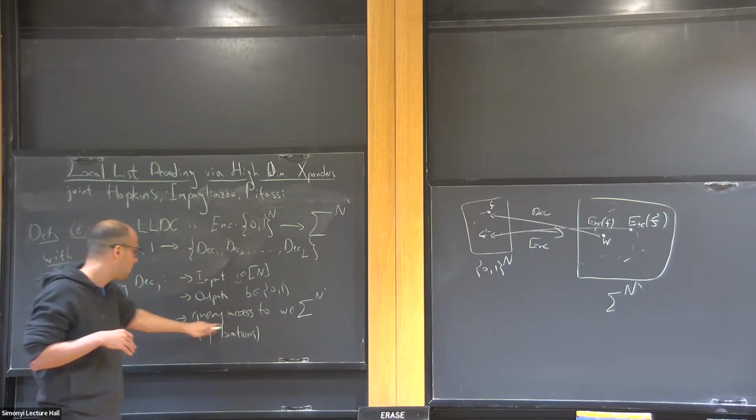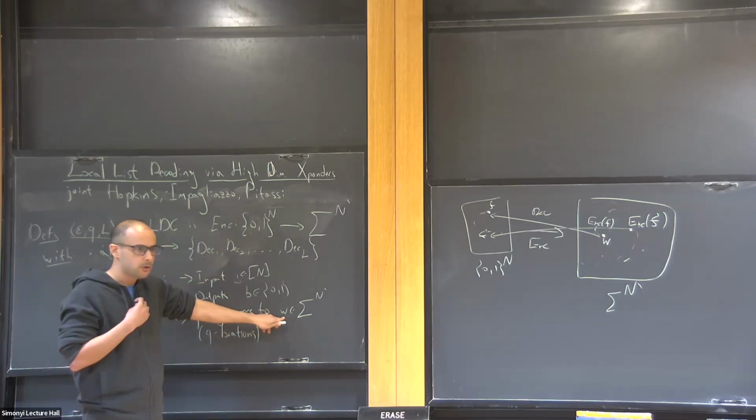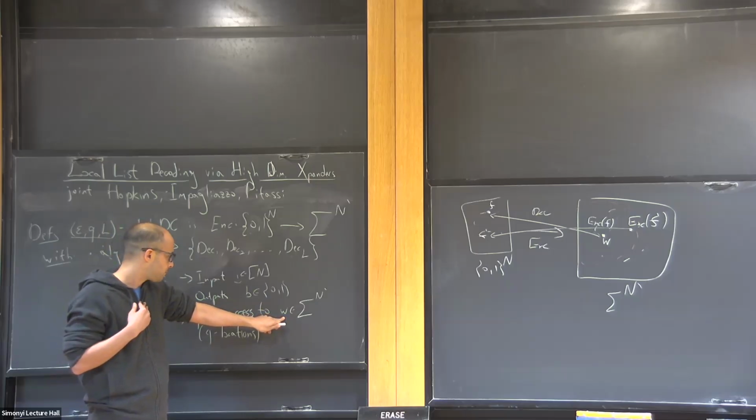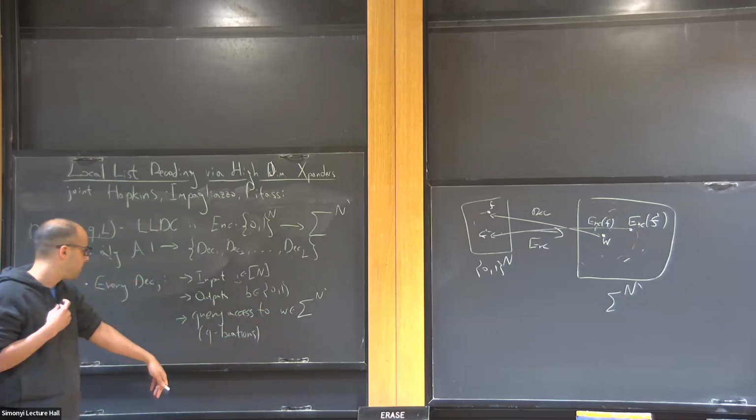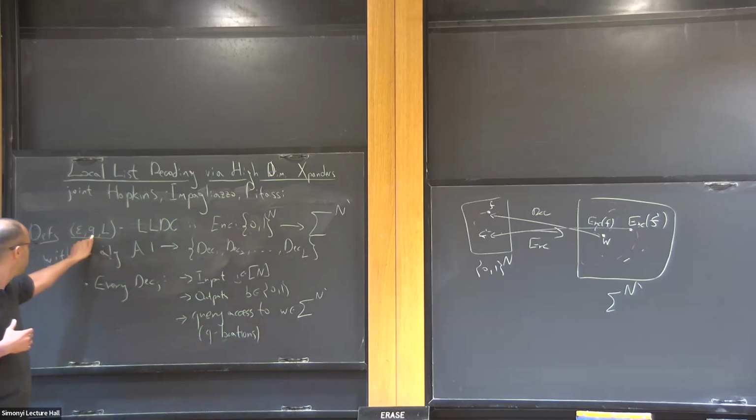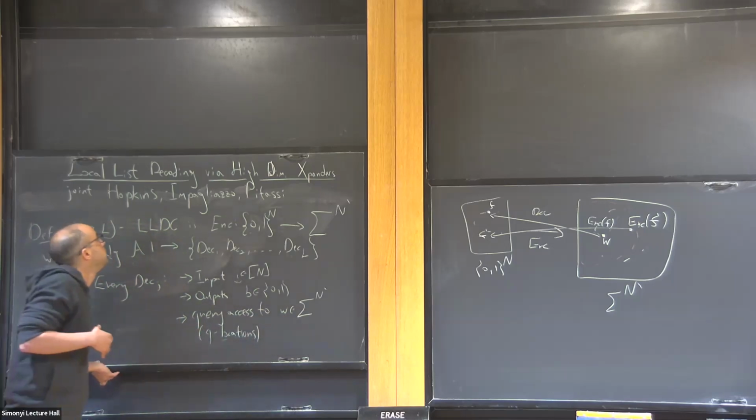And it also gets query access to some word W, which we hope is at least somewhat correlated with a code word, but it can only access it on Q locations, Q this second parameter here.